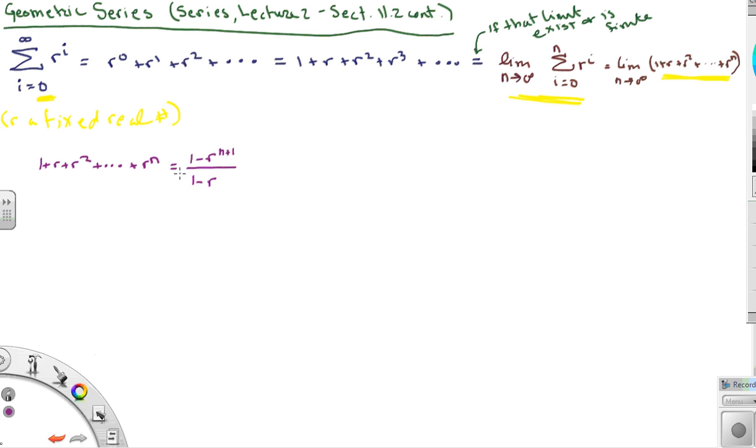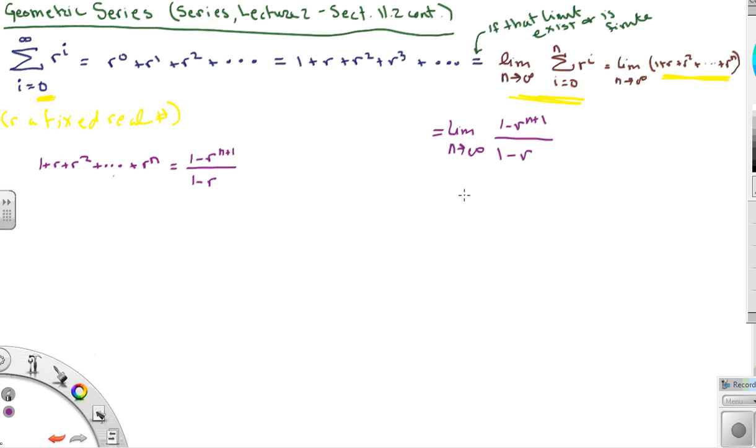Or in other words, 1 minus r to the n plus 1 over 1 minus r is equal to that sum. You should try multiplying 1 minus r times the sum here to make sure it does simplify to 1 minus r to the n plus 1. But with that in mind, this limit is going to equal the limit as n goes to infinity of 1 minus r to the n plus 1 over 1 minus r.